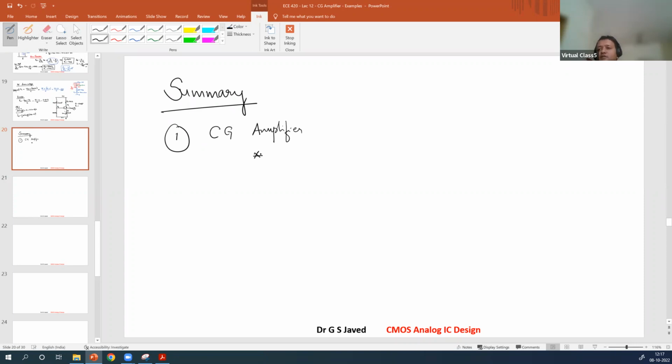We found that its gain is given as gm R0 (1 plus eta), and this is greater than the common source amplifier gain. Second, the input impedance is directly dependent on the load resistance. If there is no load resistance, then it is infinite, similar to what was in the common source stage.